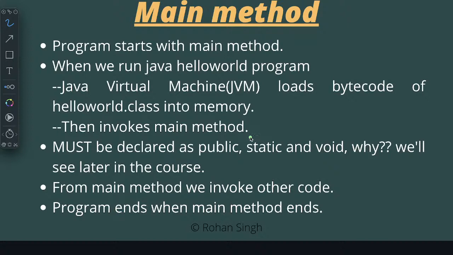The syntax we already discussed: the main method is public static void. We'll see the reason behind it, what the public keyword is, what static is, what void is, so don't worry about that again. When we run a hello world program, the JVM loads the bytecode of the hello world dot class into memory, and then invokes the main method. This point we already discussed.